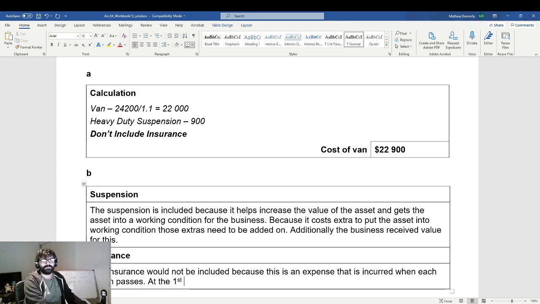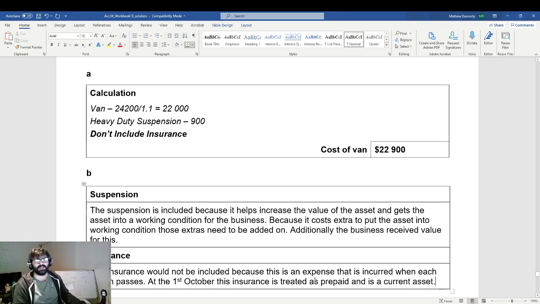At the 1st of October, this insurance is treated as a prepaid and is a current asset. Nice and simple. So that's how you would talk about it.